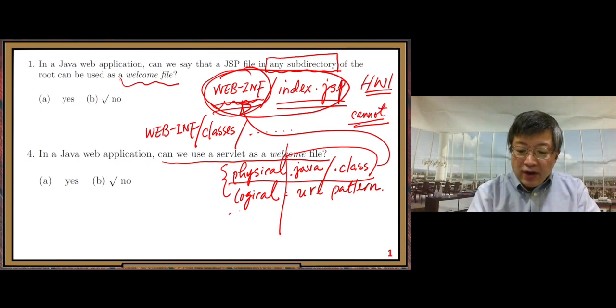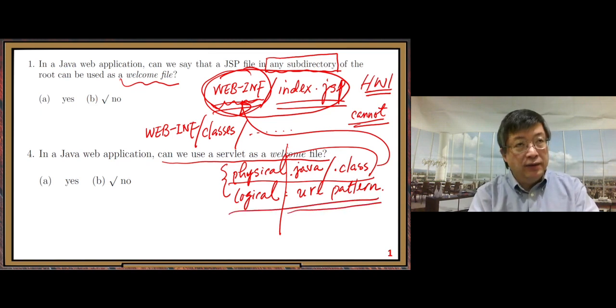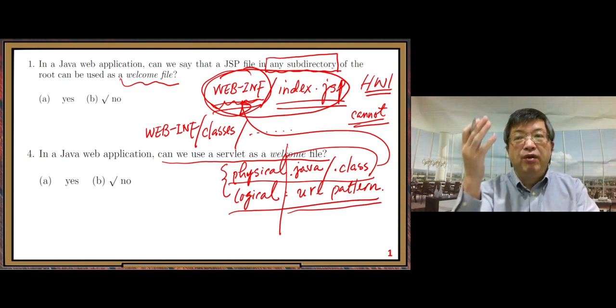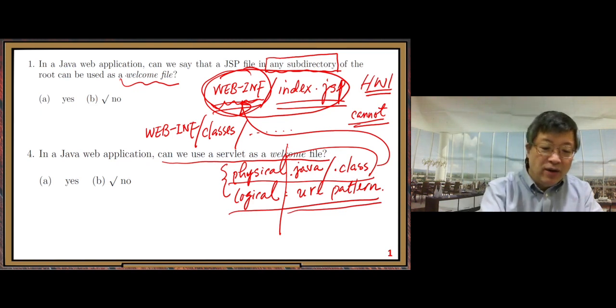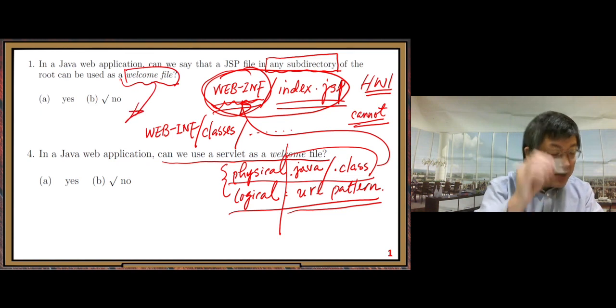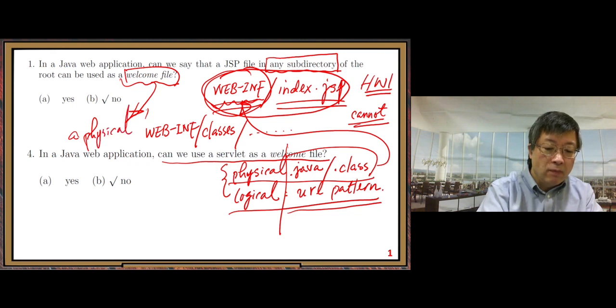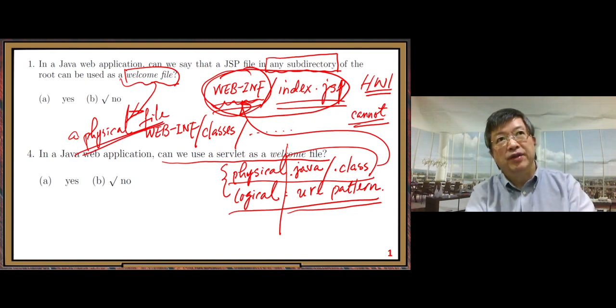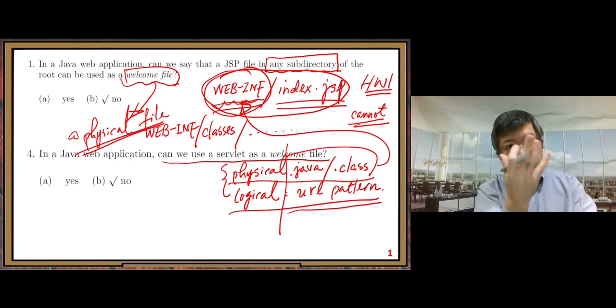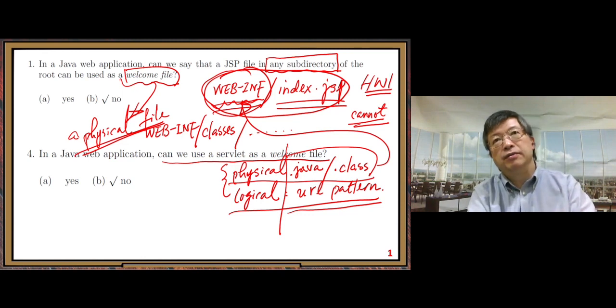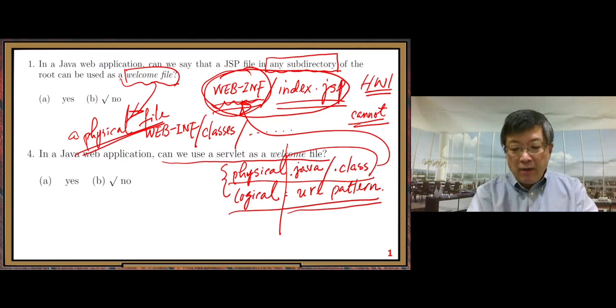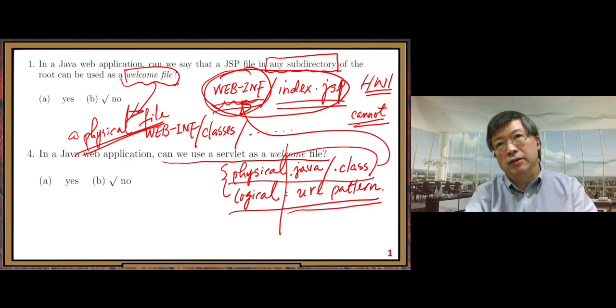But for the logical URL pattern, there is no physical file, and the welcome file must connect to a physical file. The server will search the location to get that physical file. With a URL pattern, no physical file is found, so the resource is not found.